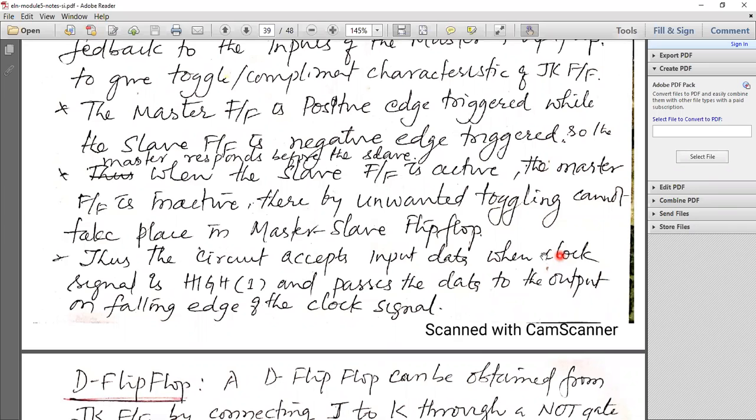But whenever the slave is active, the master is inactive, and the output is produced only from the master state. Whenever the slave is active, the output can be passed on. So this is how we can avoid the unnecessary toggling of the output.